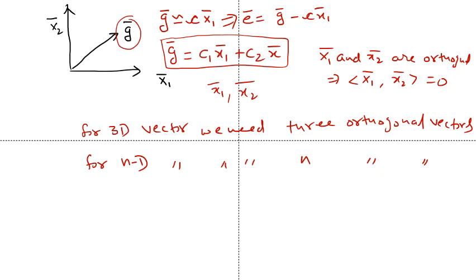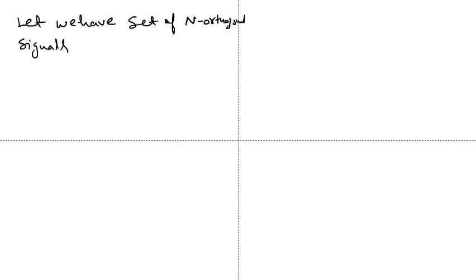Okay, now let's come back to the signal. Let's say we have a set of n orthogonal signals. Remember, I'm talking about signals now.